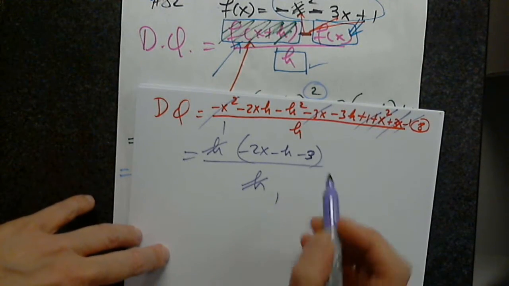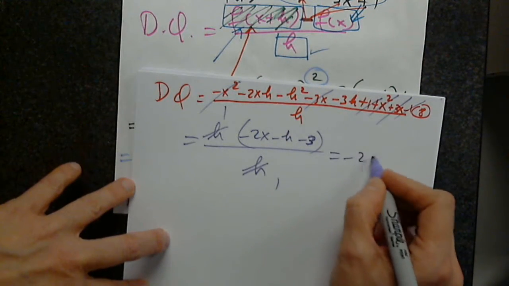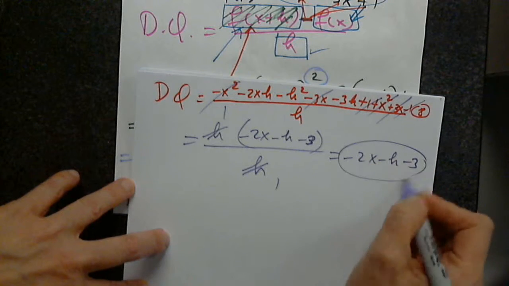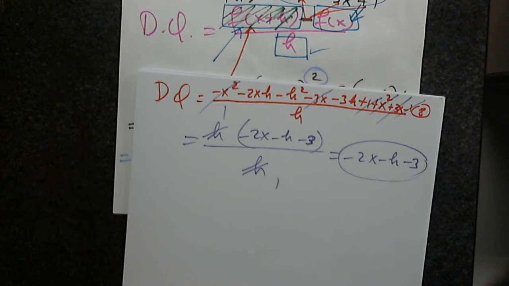Very good. Awesome. And this is the final answer. Do not get surprised by the fact that there is still an h left in there. That's fine, but not this one.